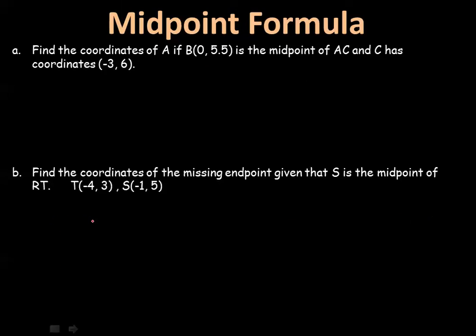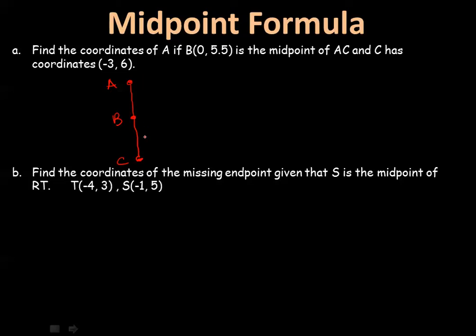And then this is going to be our last example, and this is just finding the midpoint if you know one endpoint. They tell you find the coordinates of A if B is 0 and 5.5 is the midpoint of AC. So I was just doing that so I could figure out who the midpoint was.